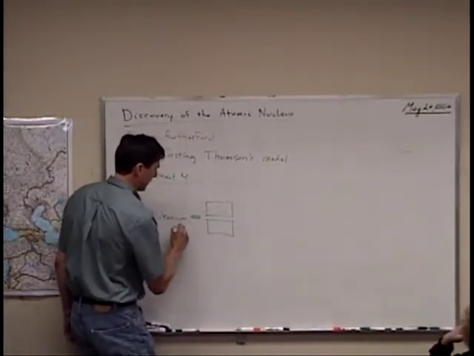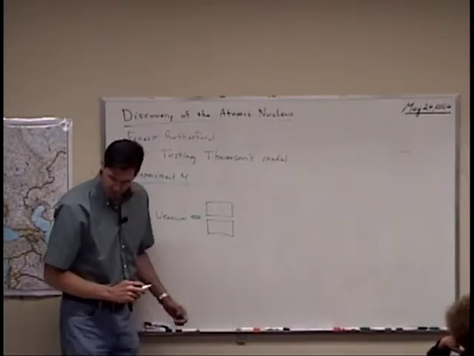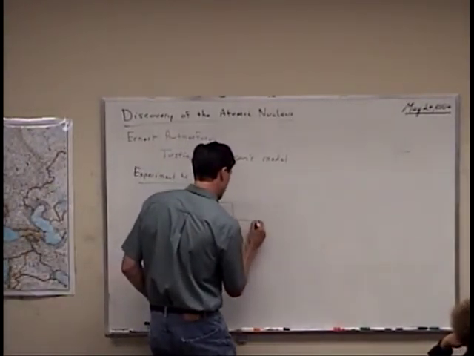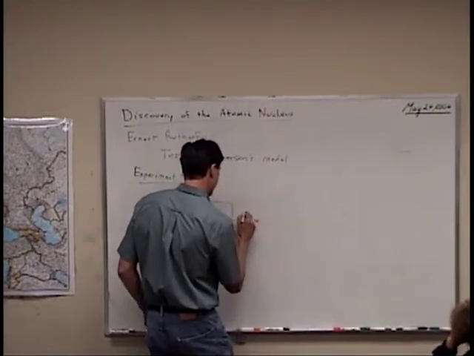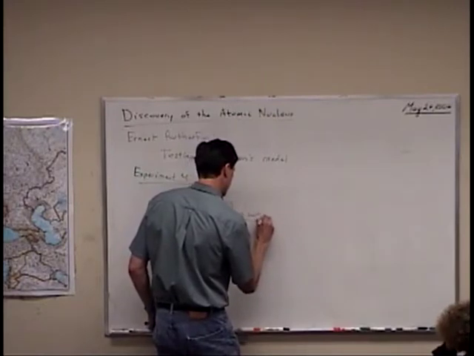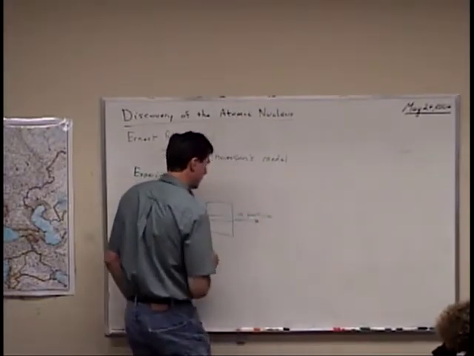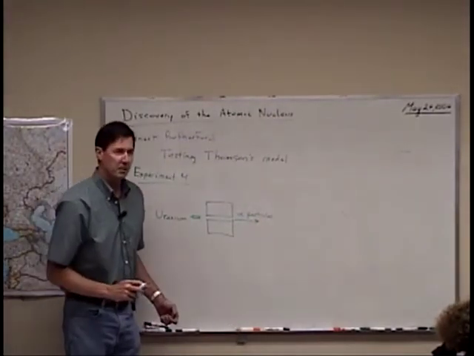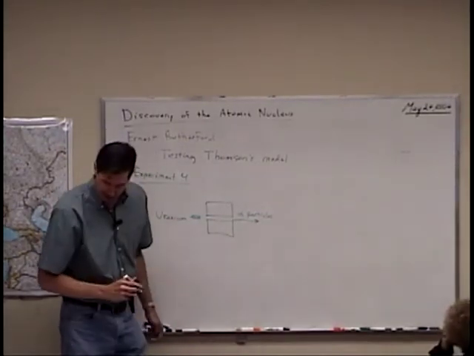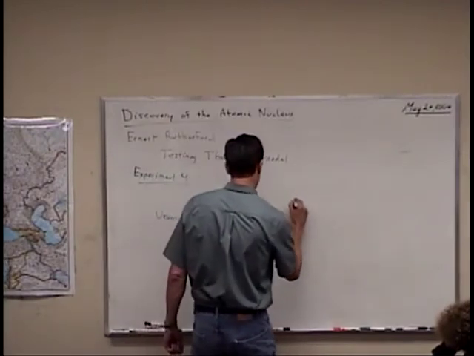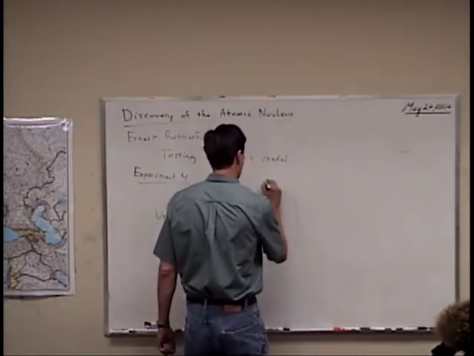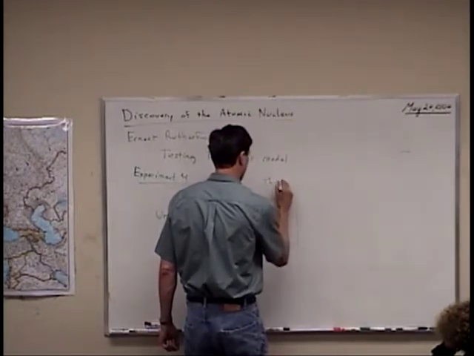Here's your uranium. And so you've got these alpha particles flying through at high speed through that hole. Now, he puts his thin gold foil.